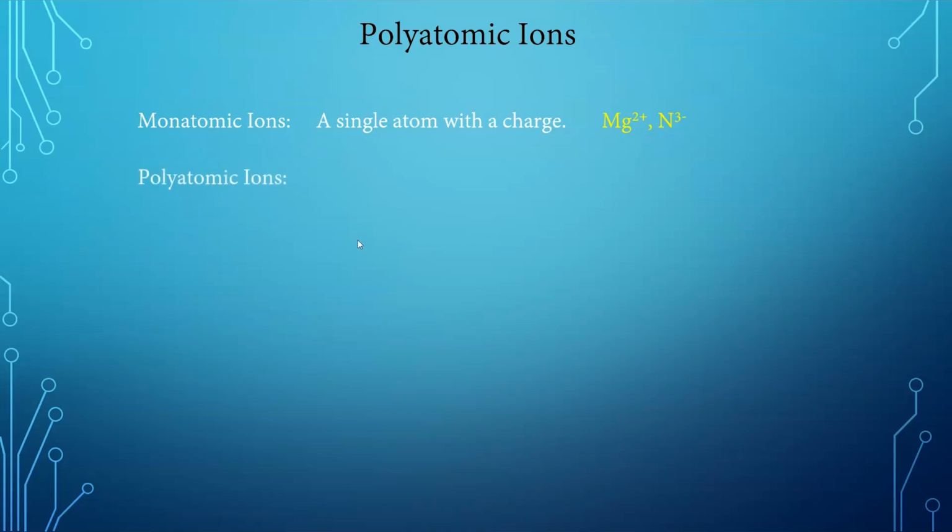A polyatomic ion is one that contains more than one atom. So it's a group of atoms that also has a positive or negative charge. Most polyatomic ions have negative charges. It's rare for one to have a positive charge. The ammonium ion here, that's the only example that you will run across in our class of a polyatomic ion with a positive charge. We're going to learn a whole bunch of them, like the carbonate ion, that have negative charges.